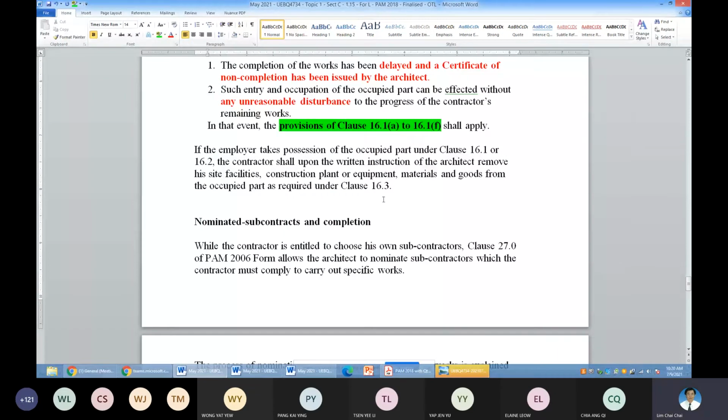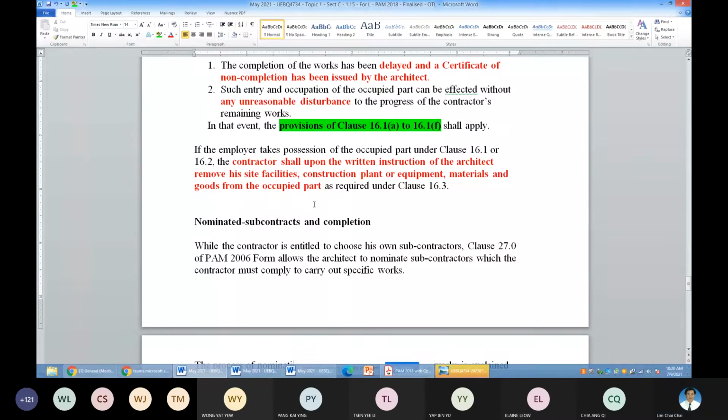So the contractor shall, upon written instruction from the architect, remove the facilities and everything from that occupied part. It's fair because the contractor is already delayed, and there are a lot of other things on the area that will be taken over.